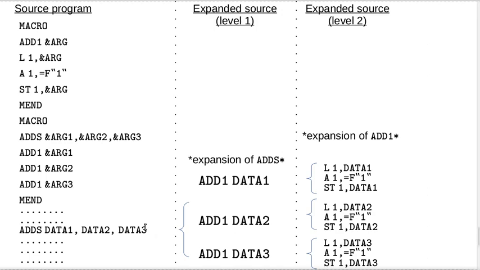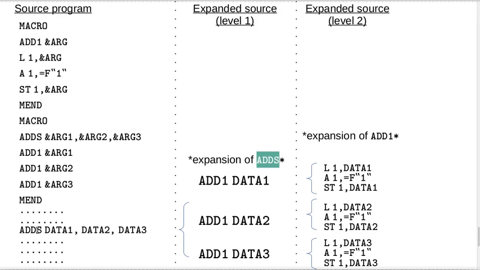How? The call that we are using to ADDS results in the expanded source level 1. In that expanded level 1, the ADDS macro is being expanded. We have already learned how macro expansion occurs.